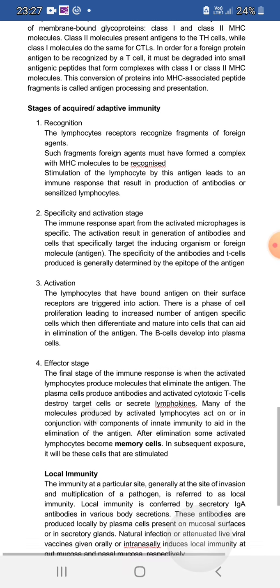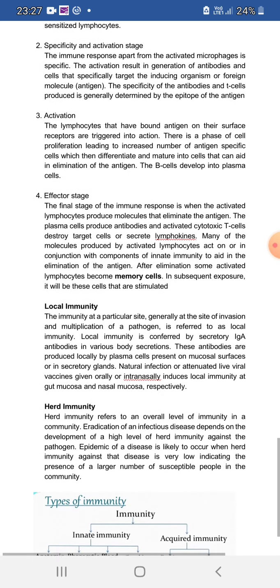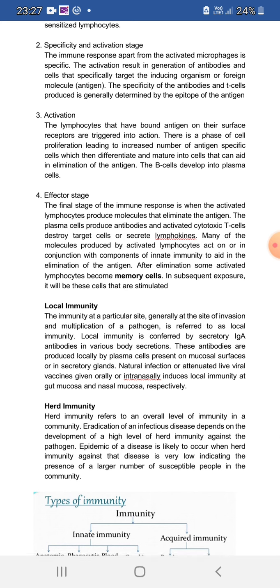So that one should remember. Then lastly, I'll define two terms that as immunologists we should just know. There's local immunity. Local means particular area. So local immunity is the immunity at the site of infection.